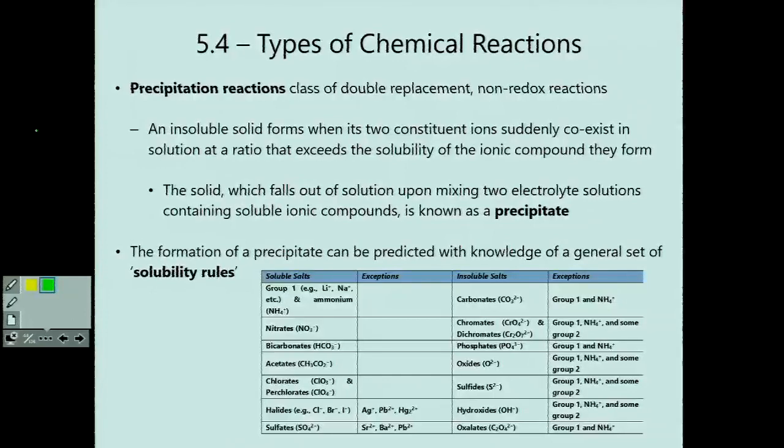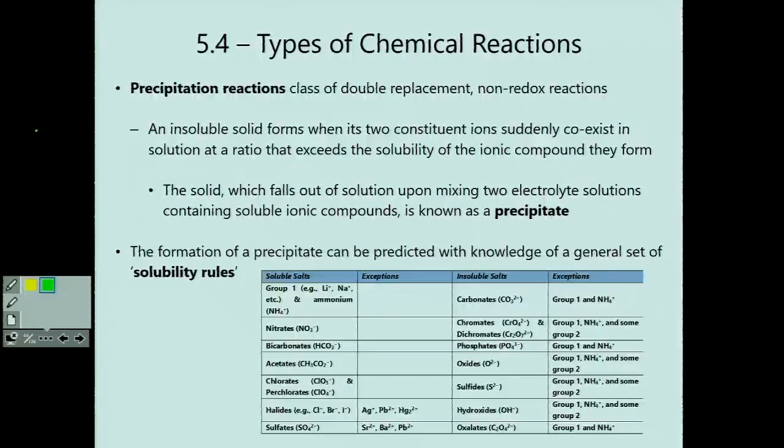There are a series of chemical transformations that we need to talk about that have particular names because of the visual outcome of the process. Amongst these reactions are what are known as precipitation reactions.